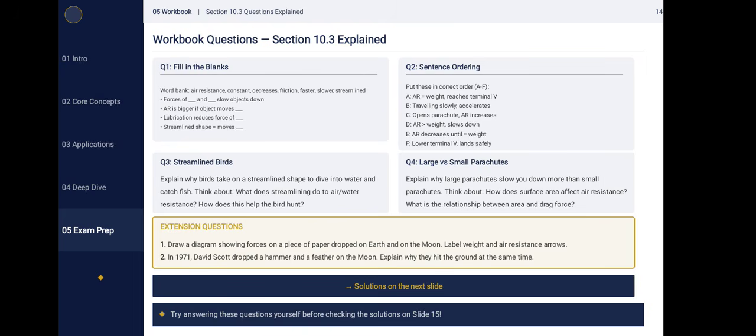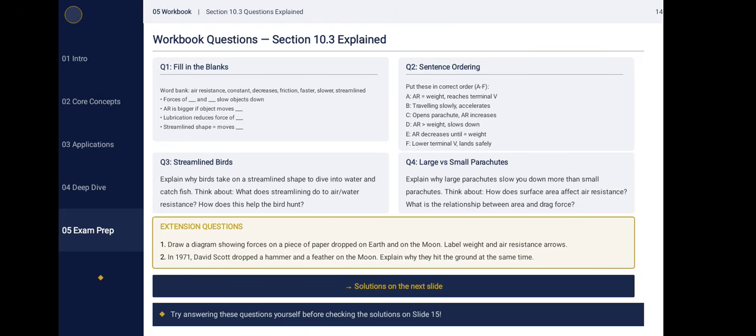So, you will have to open your workbook at page 75, that is air resistance, and use the words and phrases from the box to complete the sentences below. Use each word or phrase once, more than once, or not at all.